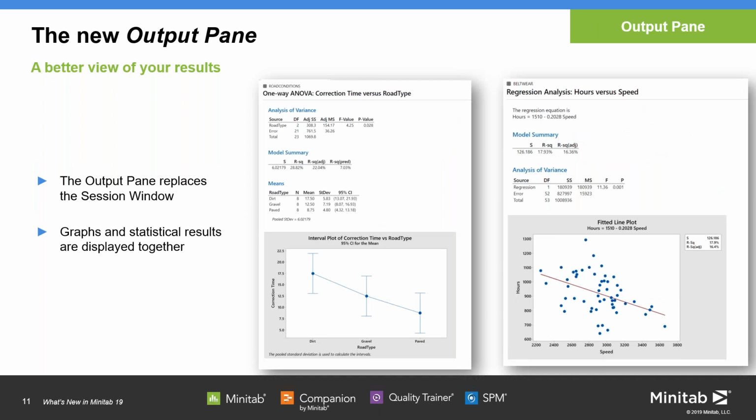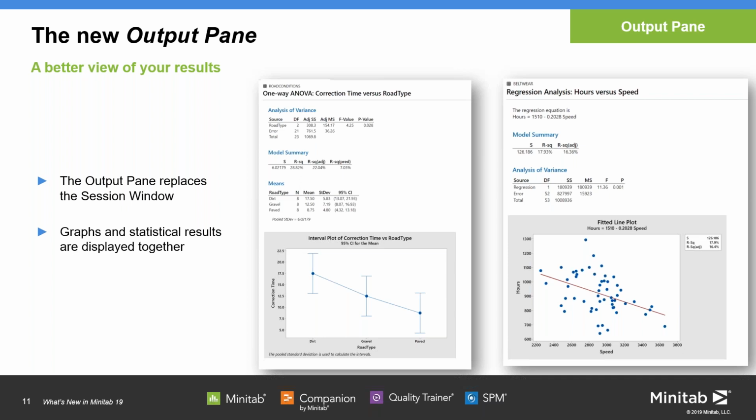And that leads us to generating some output. So the output pane replaces the session window. Remember, our session window in version 18 or prior had only text output that you generated, and all of your graphical displays popped up as separate windows, which you needed to navigate, typically using the project manager.